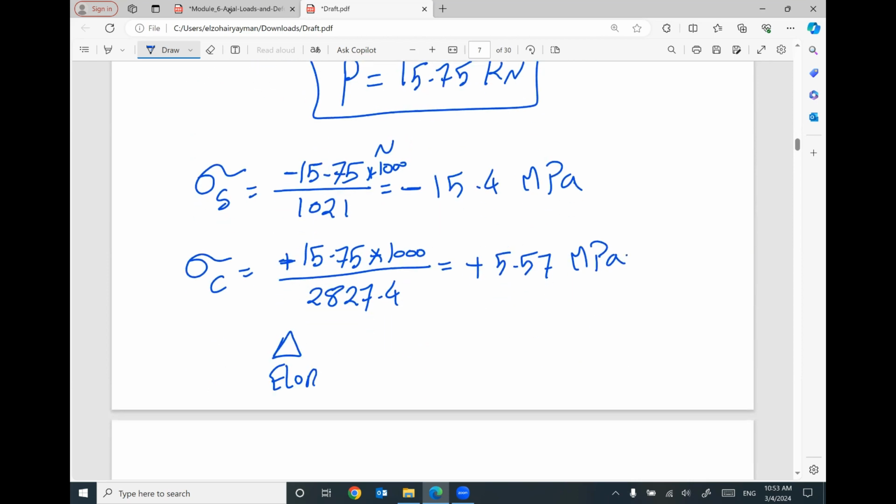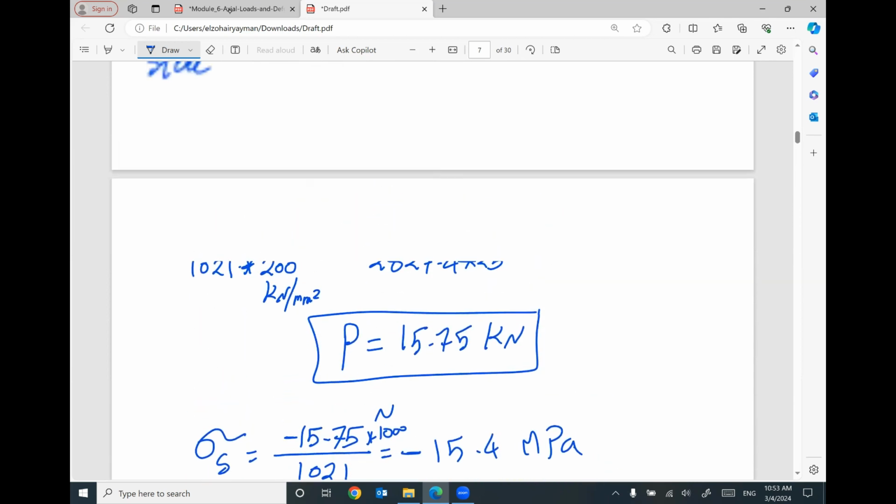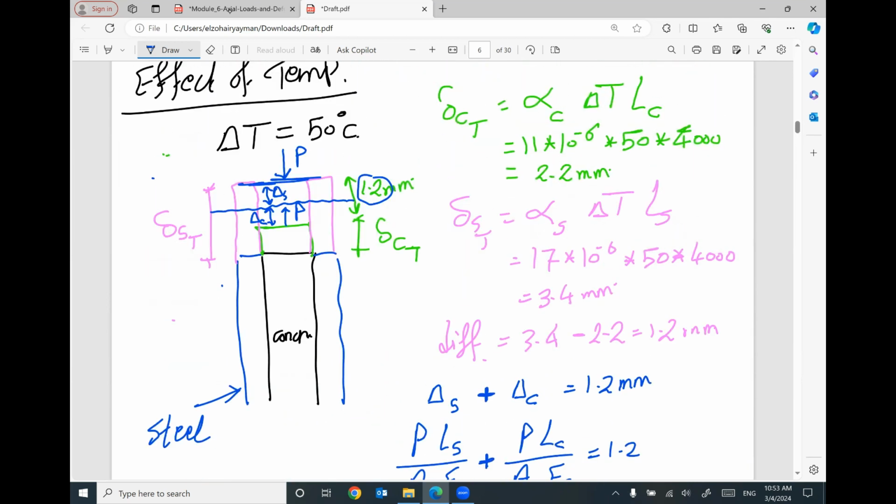Keep in mind, the final elongation due to temperature in the column. I'm talking about temperature. The original shape was here, and the final shape became here. We have two options. I can say the free elongation in steel minus the new contraction in steel, or the free elongation of concrete plus the new elongation in concrete.